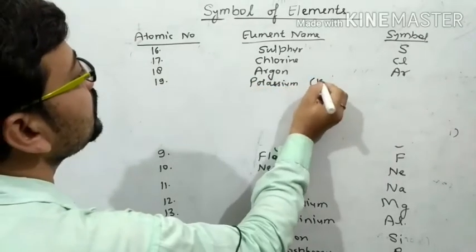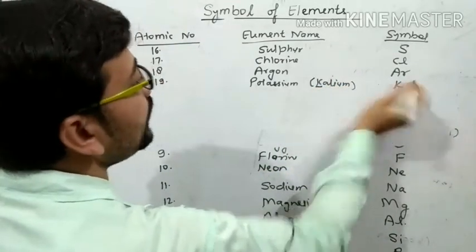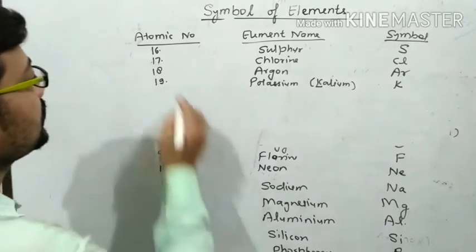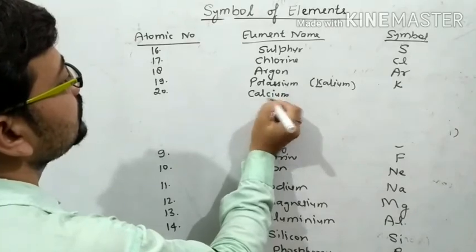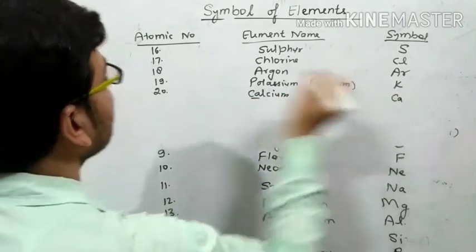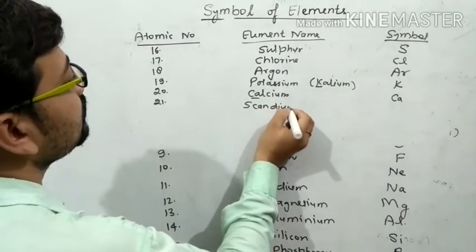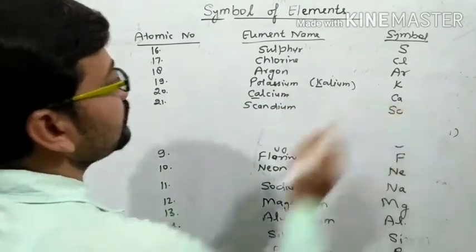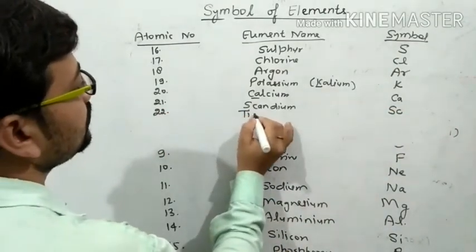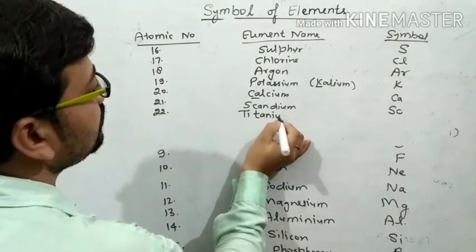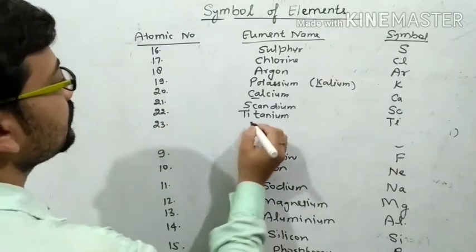Potassium is actually Kalium in Greek, that's why the symbol is K. 20, that is calcium, Ca. 21, scandium, that is Sc. 22, titanium, that is Ti.